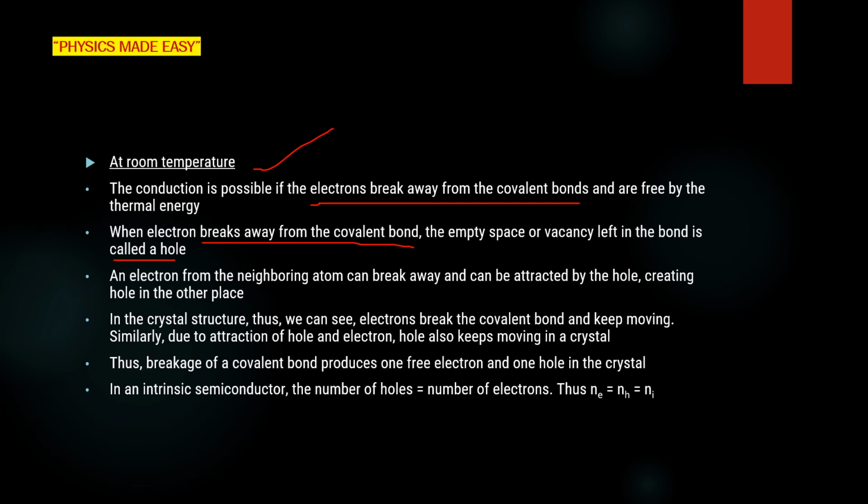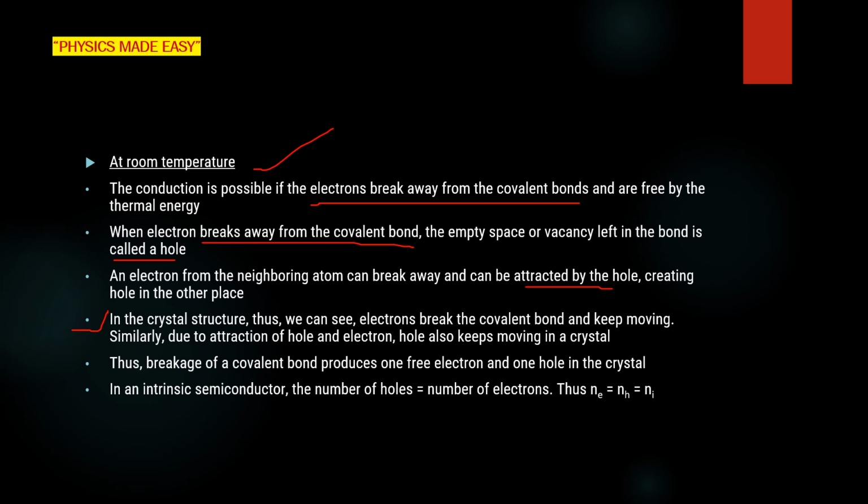An electron from a neighboring atom can break away and be attracted by the hole, creating a hole in its respective place. Hence in a crystal structure, electrons break the covalent bond and keep moving. Similarly, due to the attraction between the hole and the electron, the hole also keeps moving in the crystal. Thus the breakage of a covalent bond produces one free electron and one hole in the crystal.